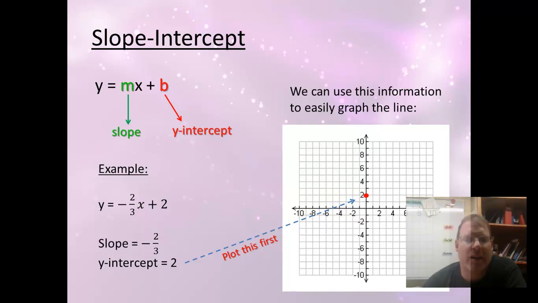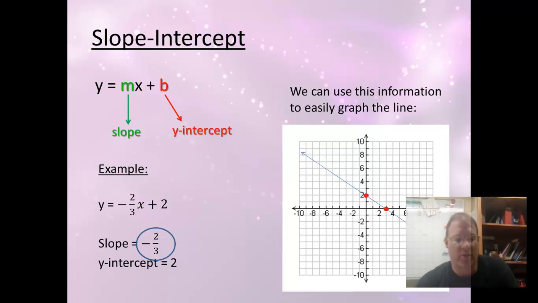And then after you have that done, you look at that slope and you realize from my y-intercept, since it's a negative 2/3, I'm going to go down 2, and I'm going to go right 3 spots. That's where I plot my second point. And then poof, you got 2 points to put your line in, and that's all there is to that.